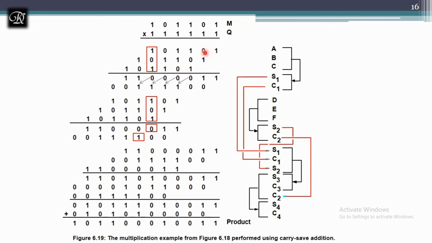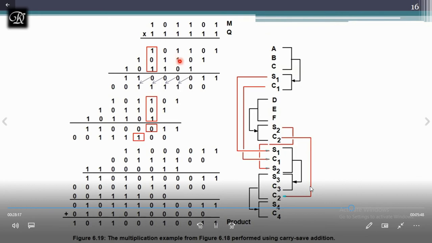Next, you need not add them, you just have to write in the next level. Now it is 0 and 1, sum is 1, carry will be 0. Now it is 1 and 1, it is 10, so sum is 0 and carry will be 1 here. And again 1 and 1, sum is 0, carry will be 1. This repeats for the next two columns as well.